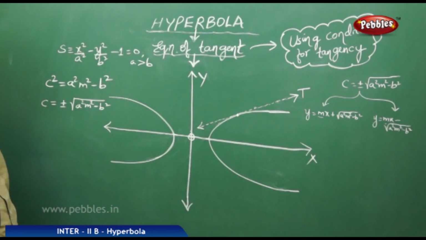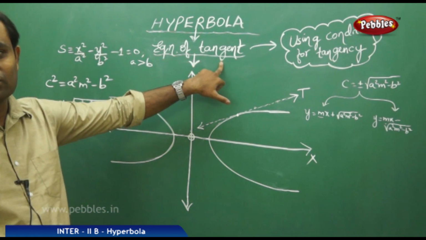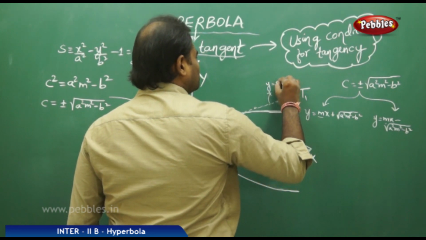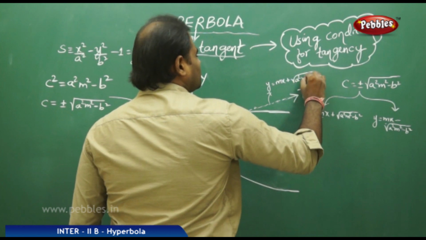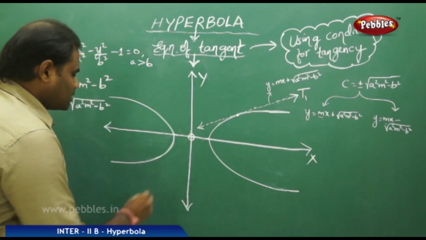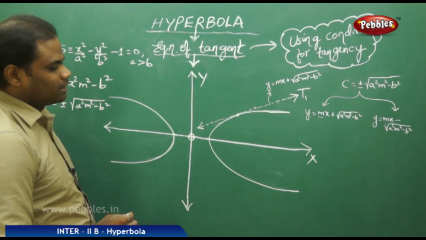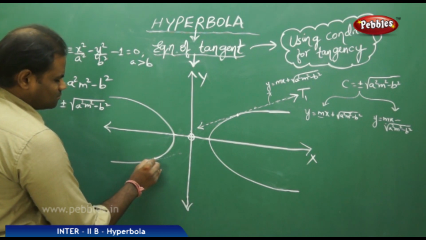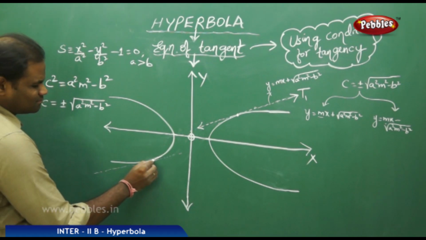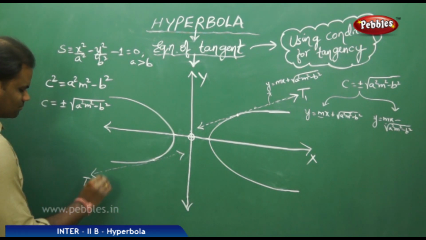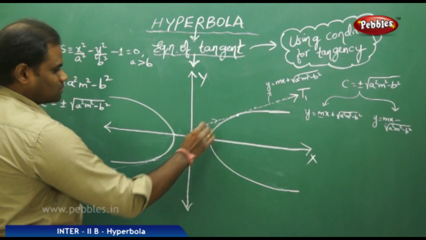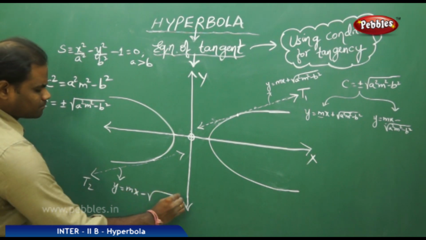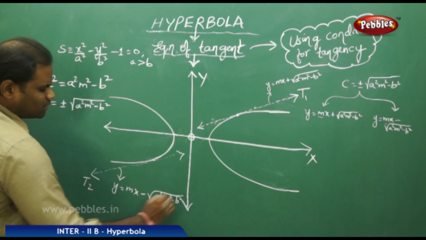Therefore, the condition for tangency leads to equations of two tangents, one given by y equals mx plus root a square m square minus b square, and another tangent which is parallel to this, given by the equation y equals mx minus root a square m square minus b square.